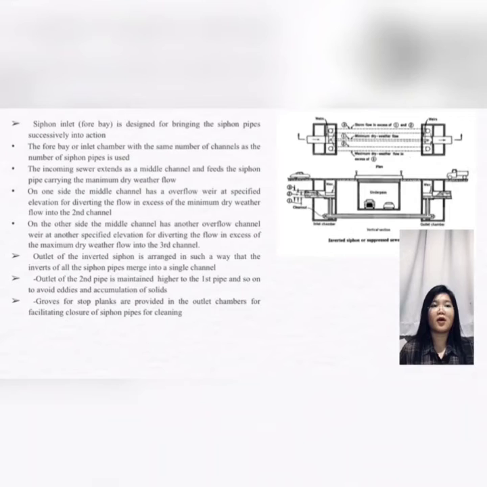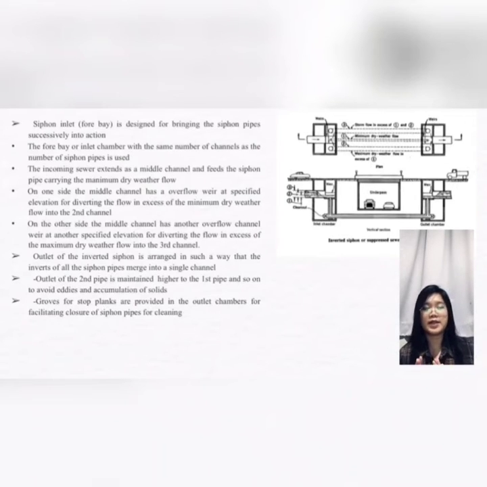A forebay or inlet chamber with the same number of channels as the number of siphon pipes is used. The incoming sewer extends as a middle channel and feeds the siphon pipe carrying the minimum dry weather flow.